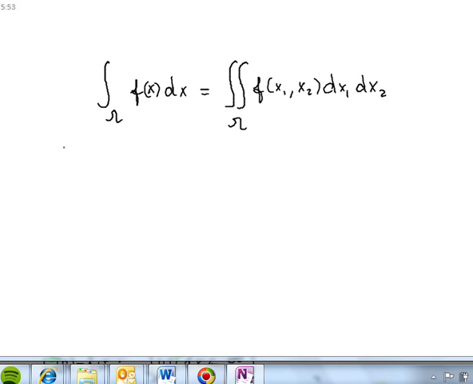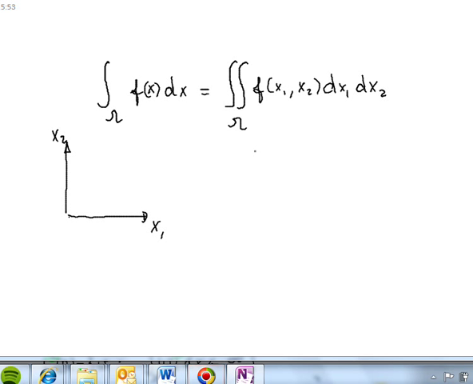So in this case, we have the x in this direction called x1 and x2 in this direction. Normally you are used to calling the x1 direction x and the x2 direction y, but when we are using more than two variables, we usually need this kind of indexation.